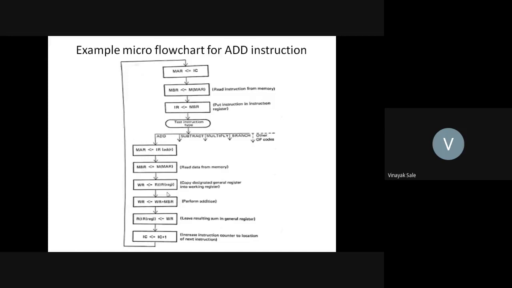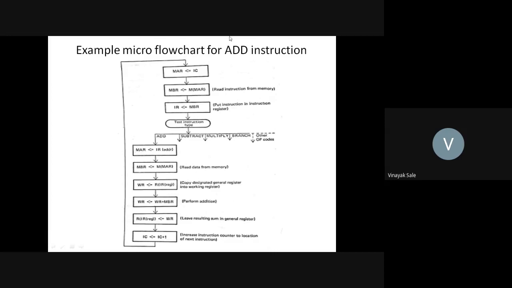So this is the example of a micro flowchart of the add instruction. In the previous example, add 2 and 176, this is the add instruction. So see here, machine address register is less than or equal to IC, that is instruction counter.